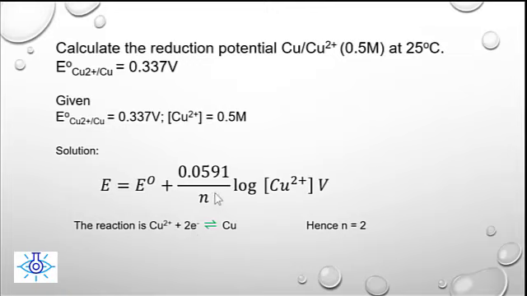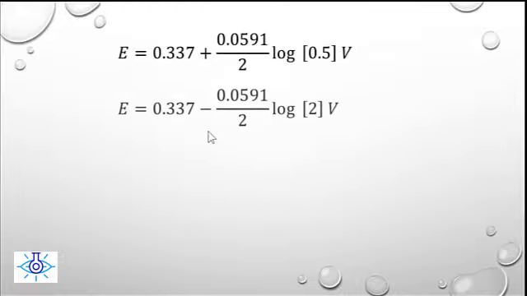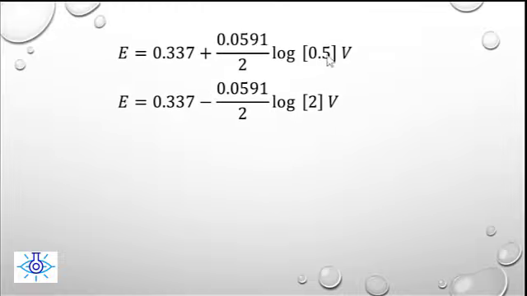Substituting n as 2, E0 as 0.337 and Cu2+ as 0.5, we get the expression. 0.5 is nothing but 1 by 2, so it becomes log 1 minus log 2, and log 1 is 0.